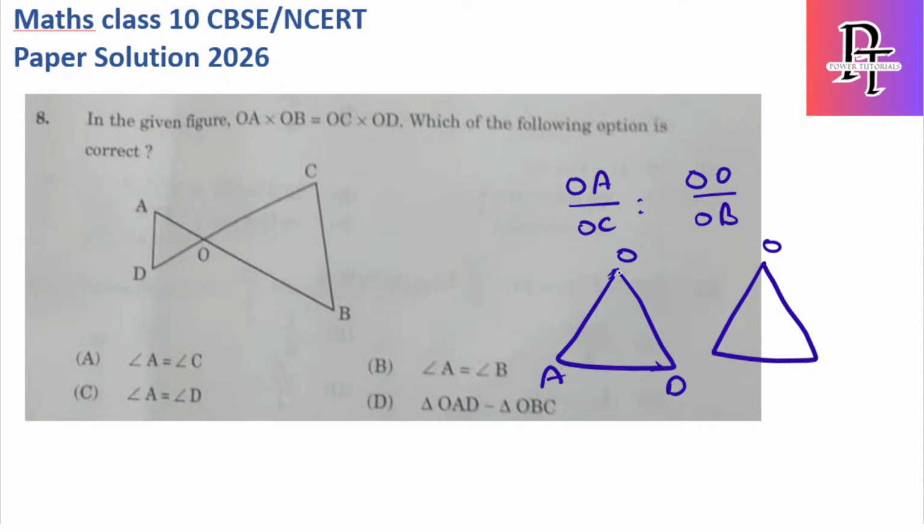So here if you notice, OA by OC and OD by OB. So OA by OC means these sides are proportional. OA by OC should be equal to OD by OB. So OAD is similar to OCB.